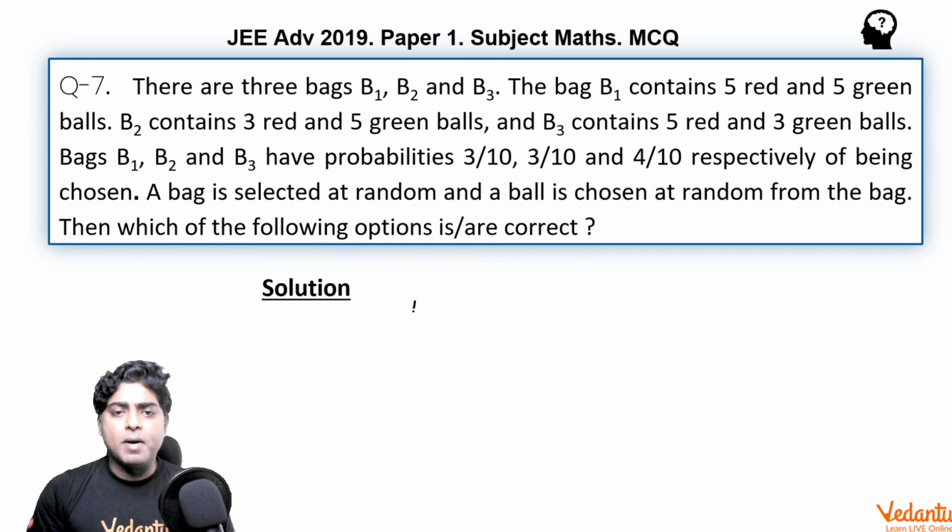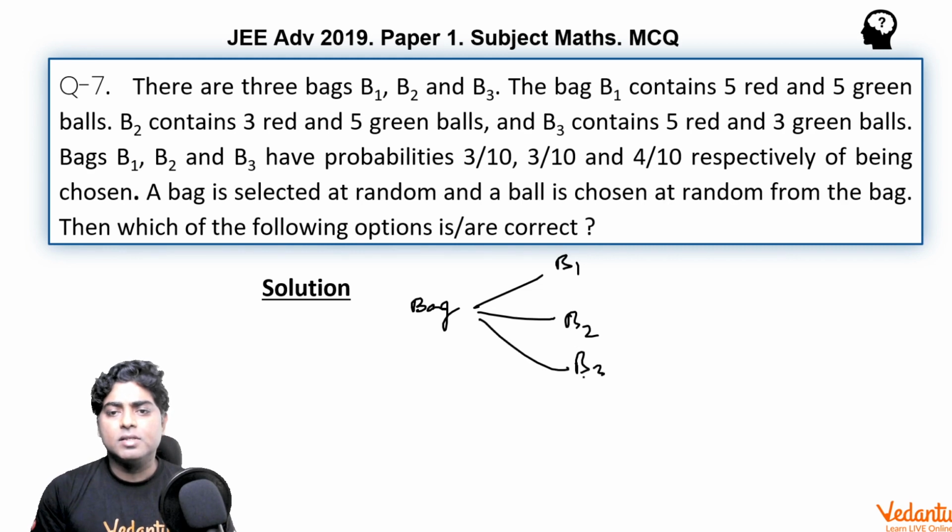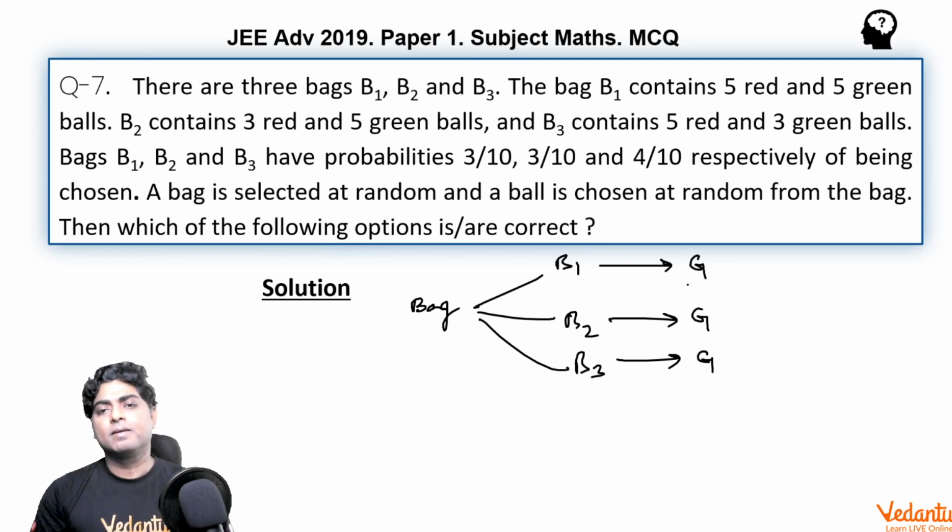So bag selected can either be B1 or B2 or B3, isn't it? And in every option green ball was under consideration. So let us take capital G as the event. I am naming the events B1, B2, B3 and G here. G represents the event that the green ball is taken from the bag.